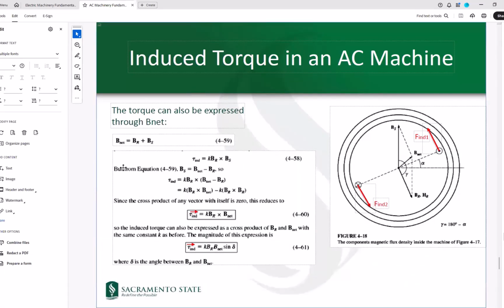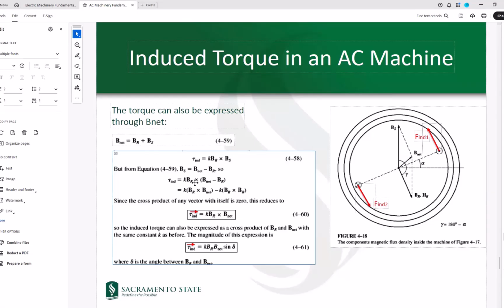We can also write that up in terms of B net, where B net is a net flux density caused by BR plus BS. So tau induced we know was small k times BR cross BS. So from here, you can put the equivalent of BS to be B net minus BR.